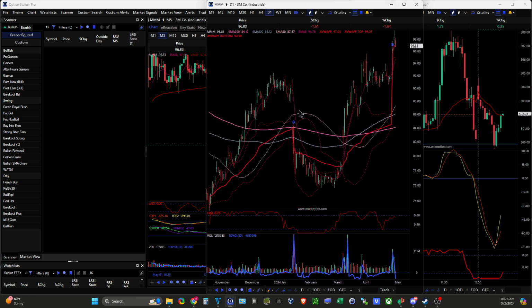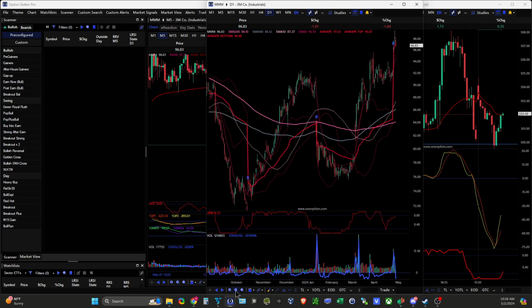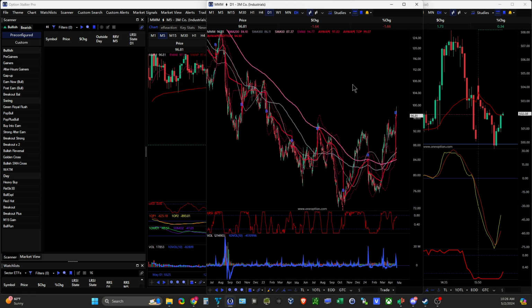Because as we saw before when we zoomed out, there's a lot of price action over here where institutions felt that they should just sell the stock off. So it's fighting an uphill battle. Can it reverse the trend? Of course it absolutely can reverse the trend, but it's going to have more of a fight to be able to do that.